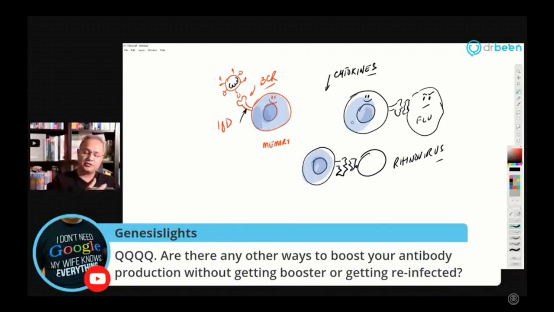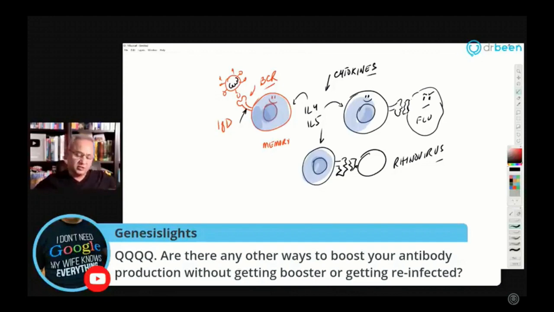So let's say interleukin 4 and interleukin 5. These interleukins can cause B cells to become increased in number and differentiate. They can cause proliferation and differentiation.